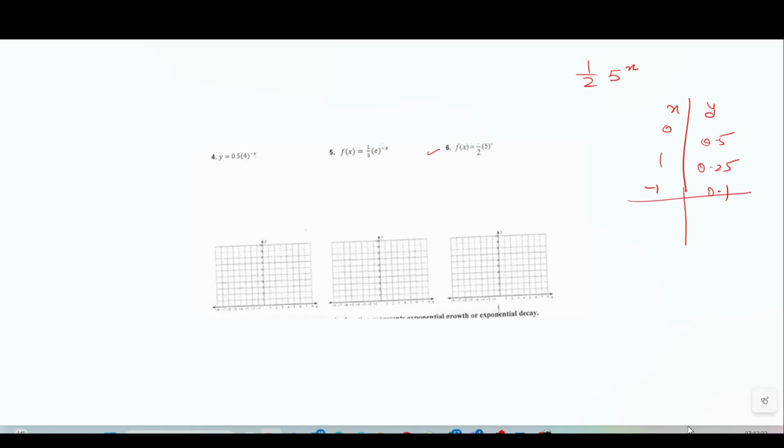Then you can get 2, and you'll get 2 comma 25 over 4, which is around, like, I don't even care. So you get 1 comma 2.5. Actually, let's not do 2. Let's do -1.